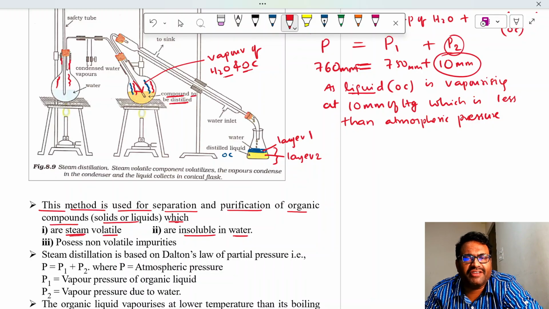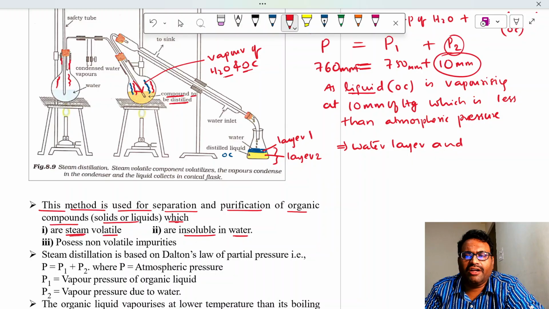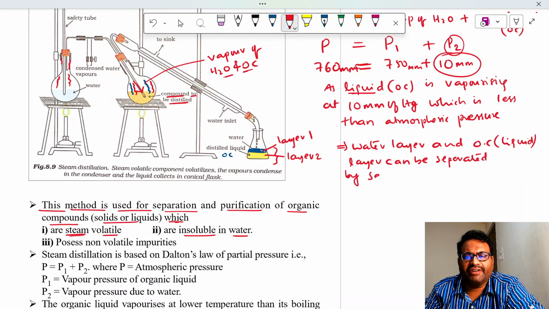The water layer and the organic compound liquid layer can be separated by a separating funnel.